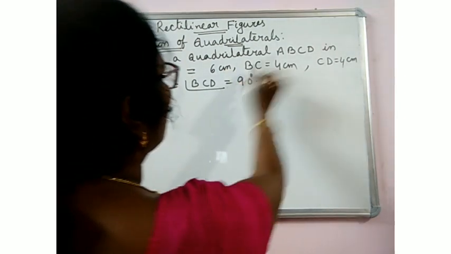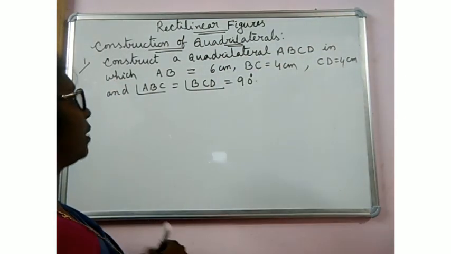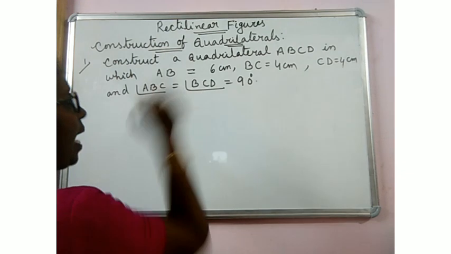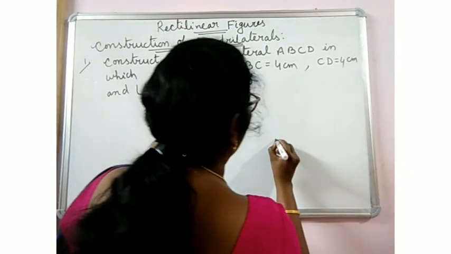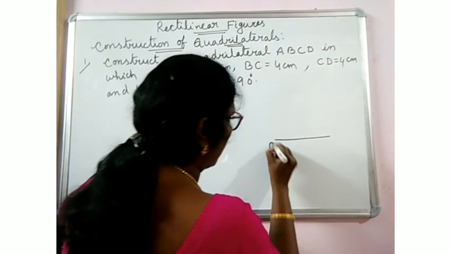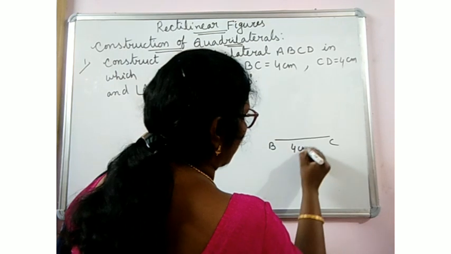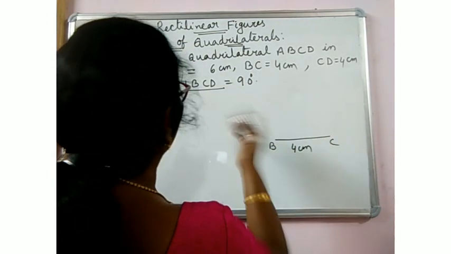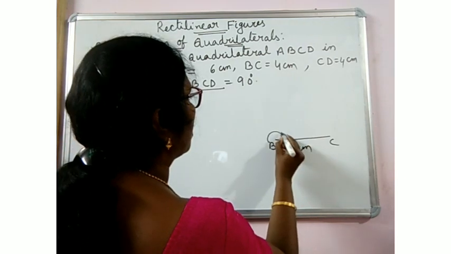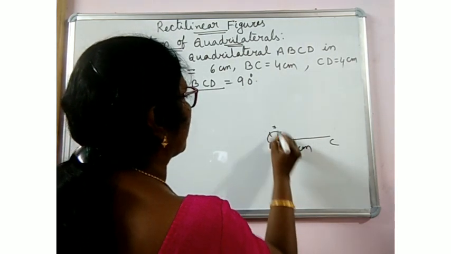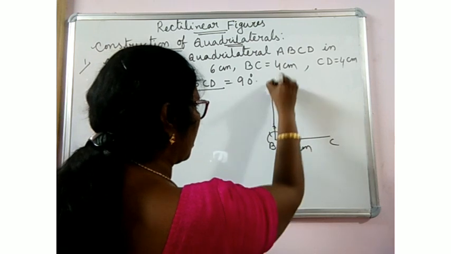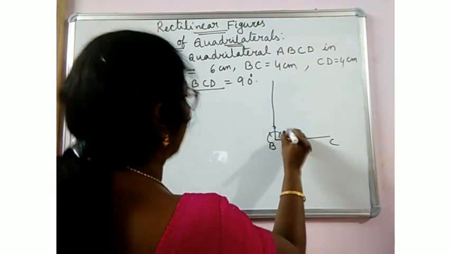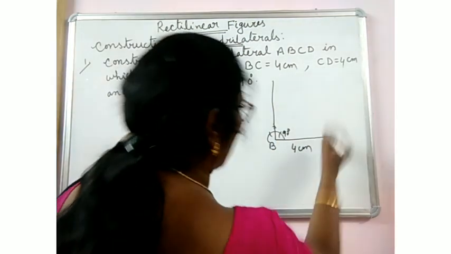That means 3 sides and 2 angles are given. Here angle B, here angle C. So let me take BC as the base. A rough diagram is very important. Angle ABC is 90 degrees, very easy for construction: 60, 120, 90. Angle BCD is also 90 degrees.